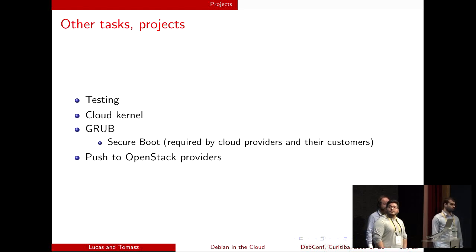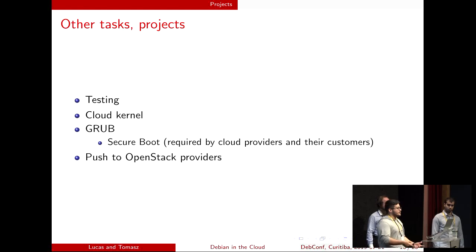Another project that some people in our team are interested in is to push some OpenStack images automatically to some OpenStack providers, some private clouds in general. Some people are trying to find a way. We may use the image finder that Arthur is working on. We have an RSS feed.